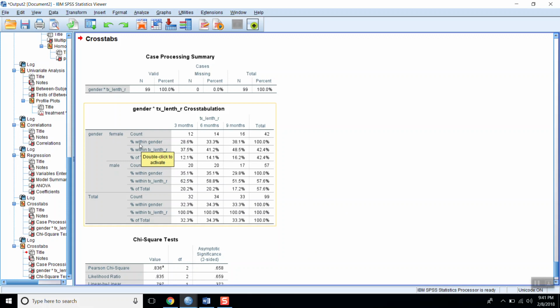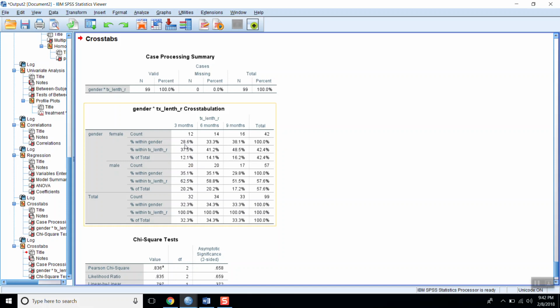So here's our females. Okay. So within gender, there's the counts that we had before. Remember that? So we have 12 females who were in treatment for 3 months. So within gender, that's 28.6% of the females.